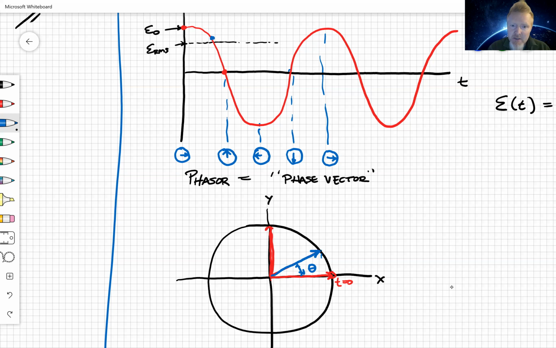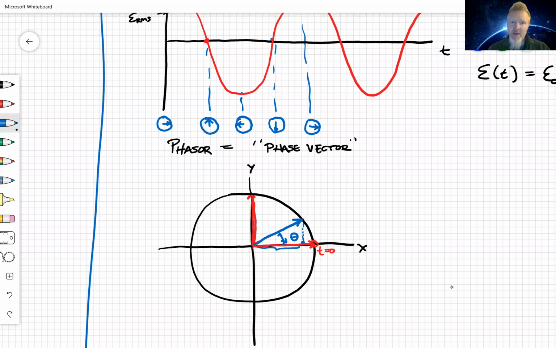My projection onto the x-axis is not as big as the full amplitude, so it's dropped a little bit, but it's not 0 yet, okay? So this point here corresponds to this amount right here. All sorts of good things happen with this, okay? So this is how a phasor works.